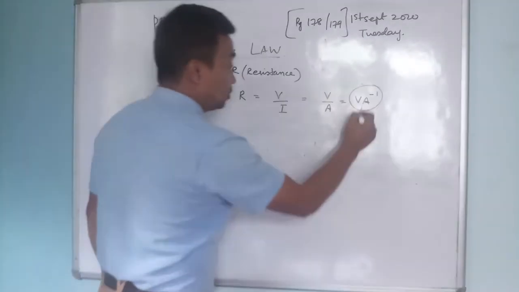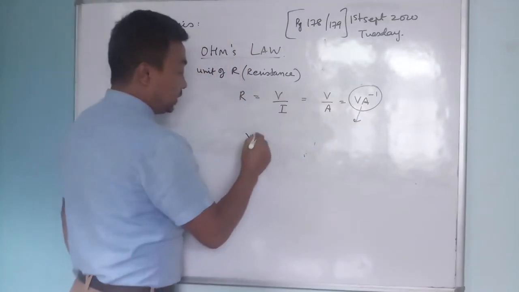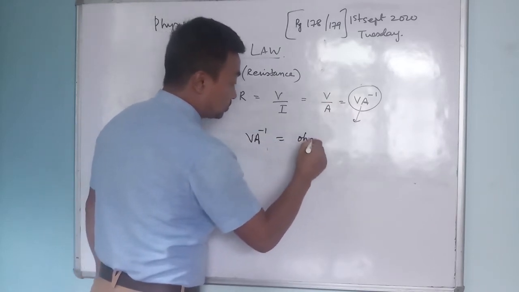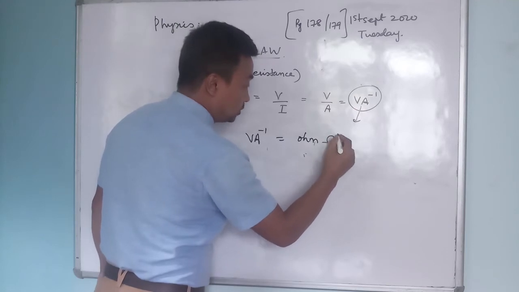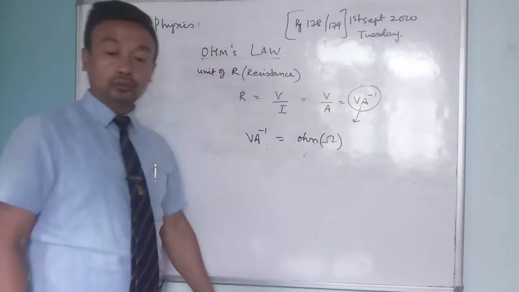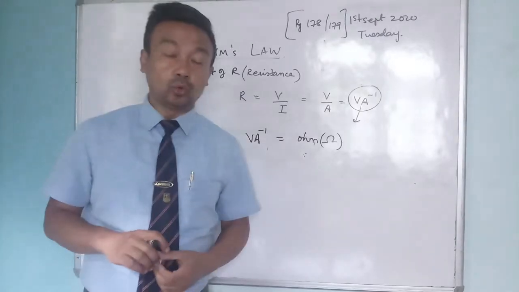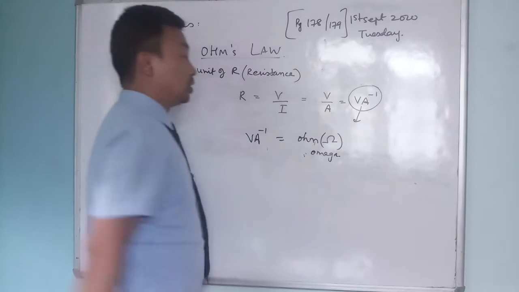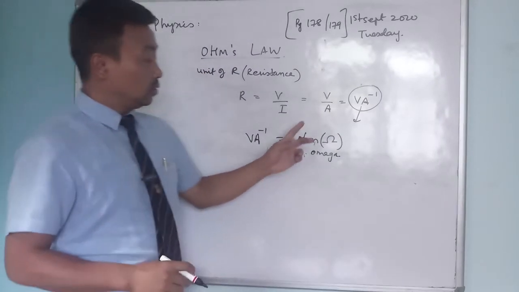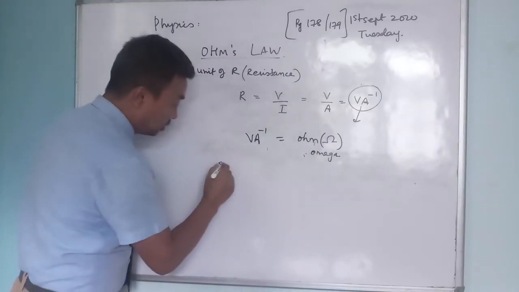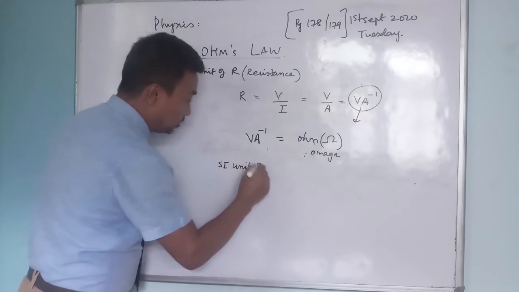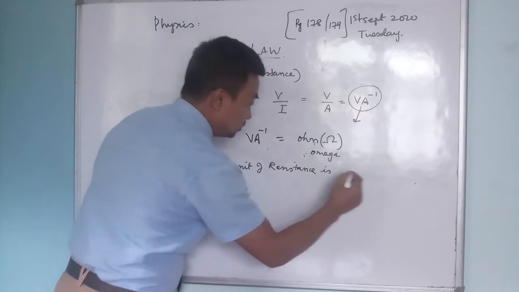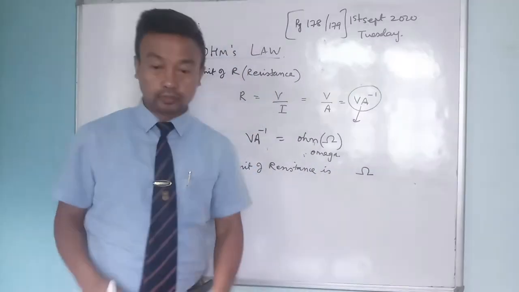Alright, so this V A to the power minus 1 is named as Ohm, and the symbol for the Ohm is written like this, and the symbol is named as omega. So the SI unit of resistance is Ohm.